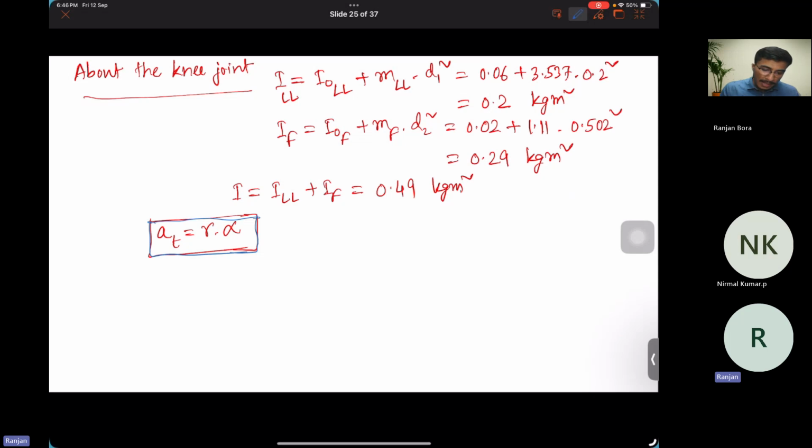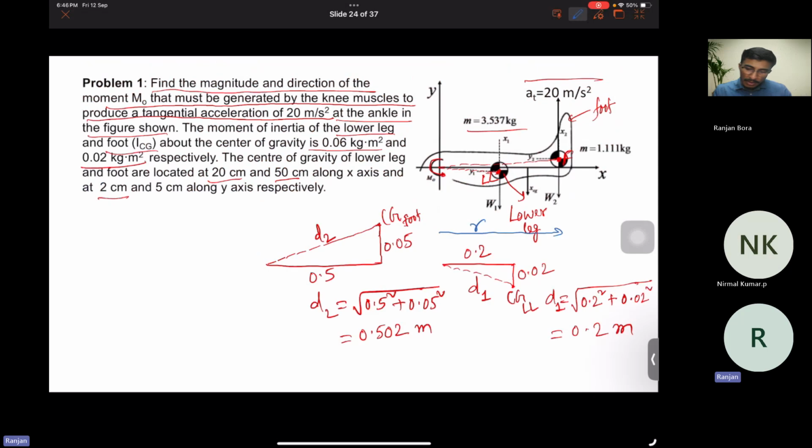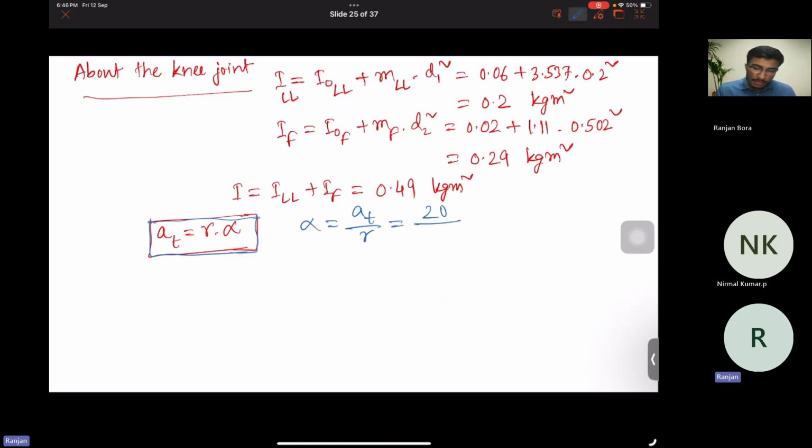So what will be alpha? Alpha equal to a_t divided by r. So what is a_t? It is given as 20. And this distance is given, this is 50 centimeter, so this is 0.5 meter.